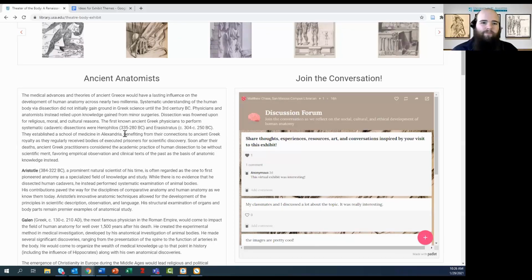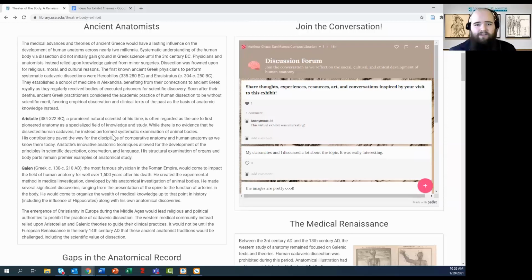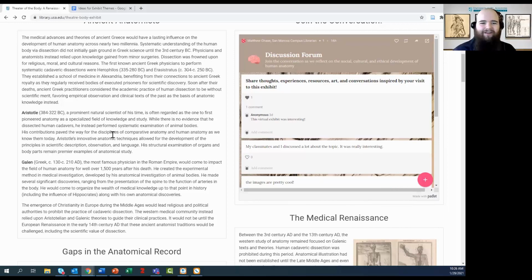Particularly, we talk a bit about the ancient anatomists, in particular ancient Greece and the Greek science that developed for Western anatomy, and how a lot of it came from Greek science.